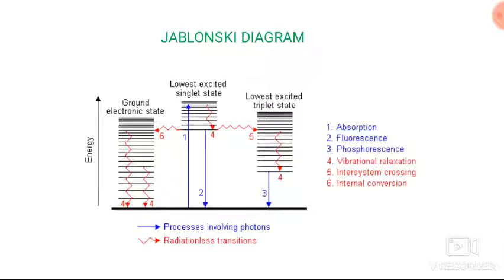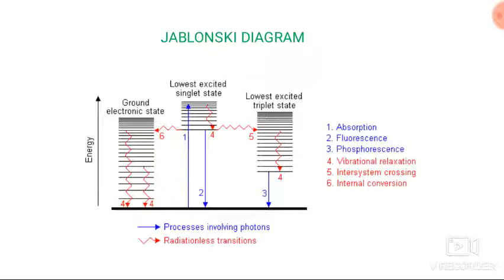If the electronic spins are antiparallel, we call it a singlet state, and if the electronic spins are parallel to each other, we call it a triplet state. So here, by the absorption of radiation, a transition occurs from the ground electronic state to any of the excited electronic levels, and that is a process involving photons.